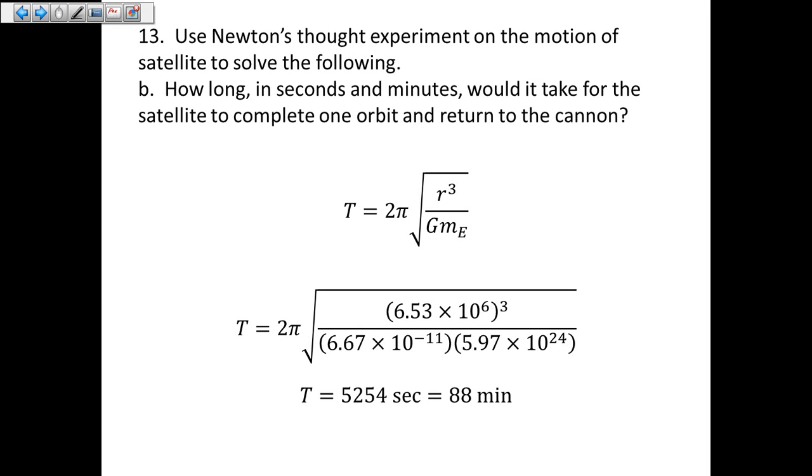Now that is the orbital time in seconds. Divide by 60 to change that to minutes, we find out that it's 88 minutes. So if we were to actually be up on a mountain that's 150 kilometers tall, if we fired a cannon at the appropriate speed, 88 minutes later it's actually going to hit the back of the cannon.